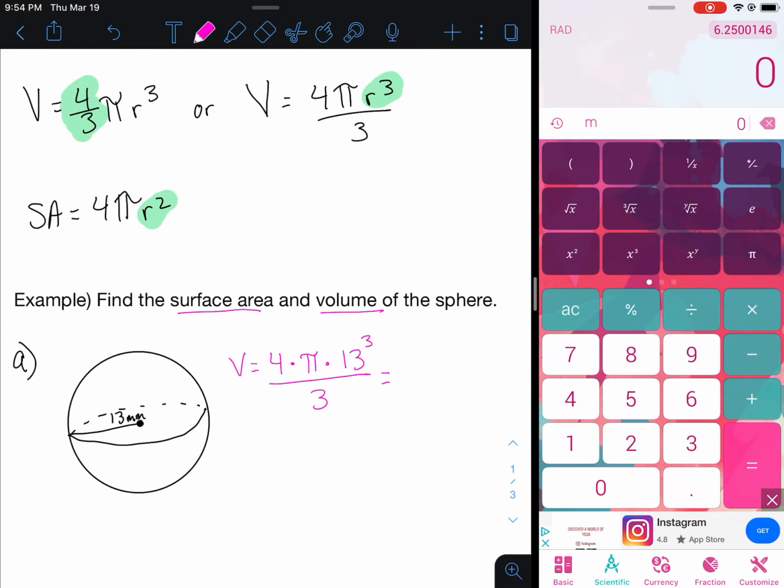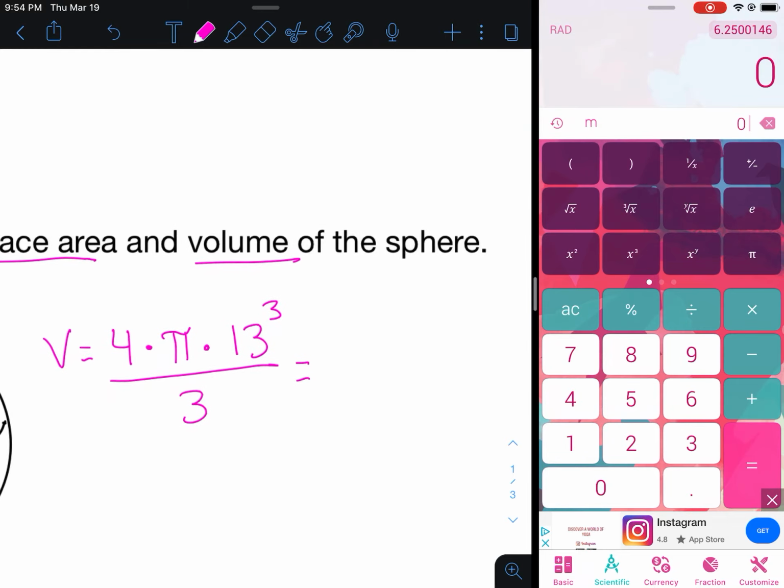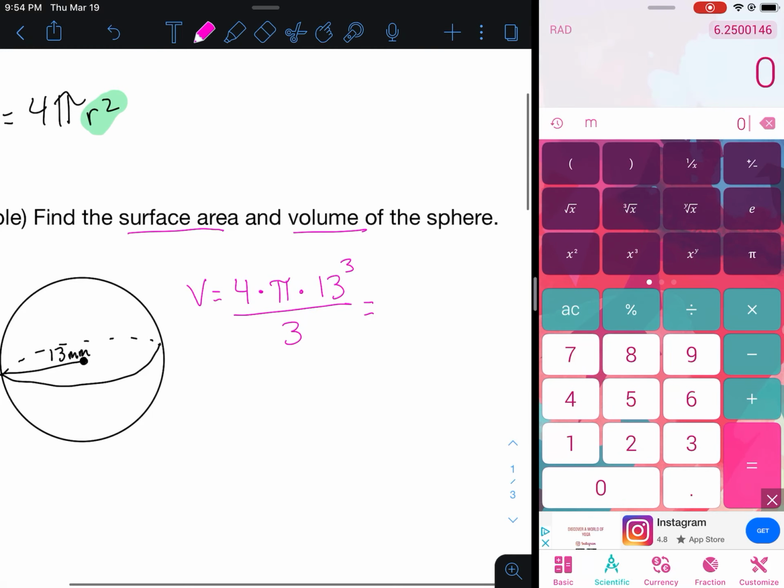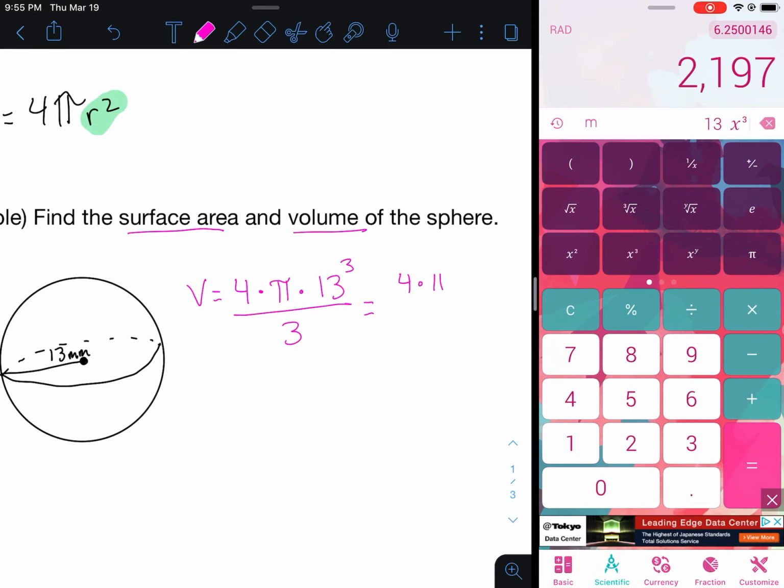So as I work over, I am going to... So we have 13 cubed is 4 times pi, and then times 2,197, and then we're going to divide that by 3.